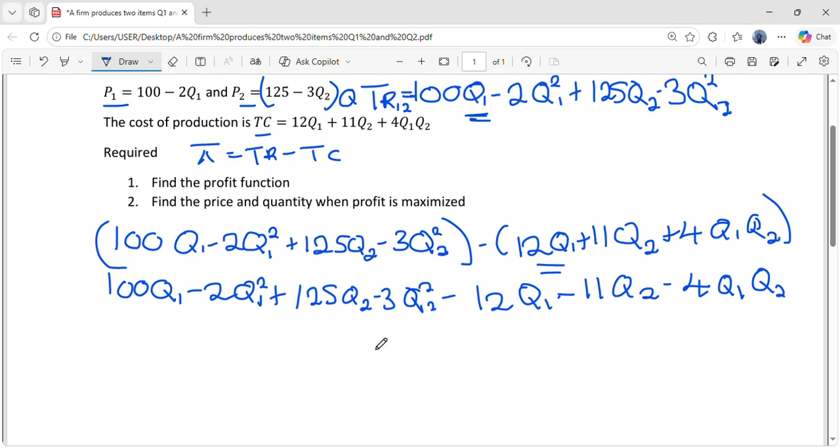Then immediately we do this, we are now going to group like terms. So we have this and that. 100 minus 12 basically gives us 88Q1. Then we have 125 and 11.